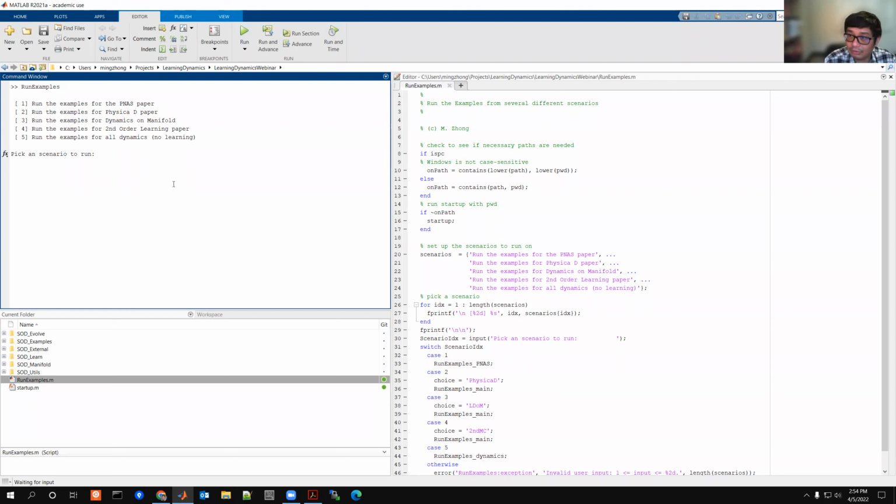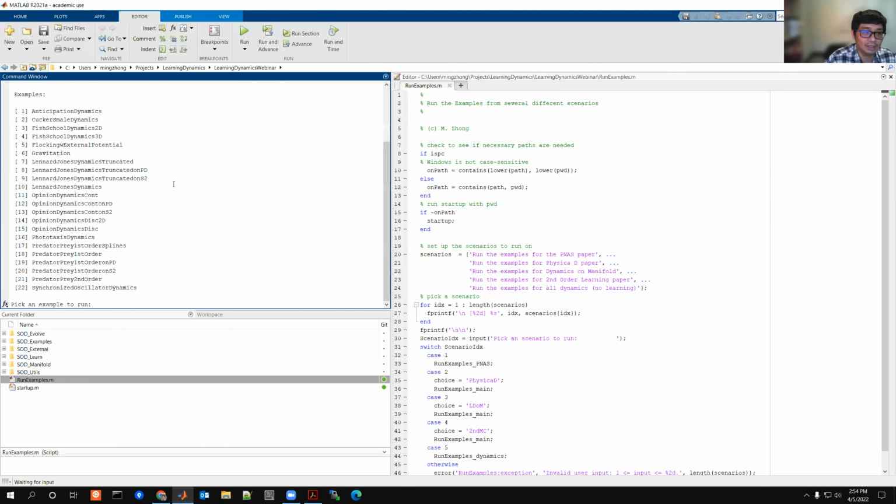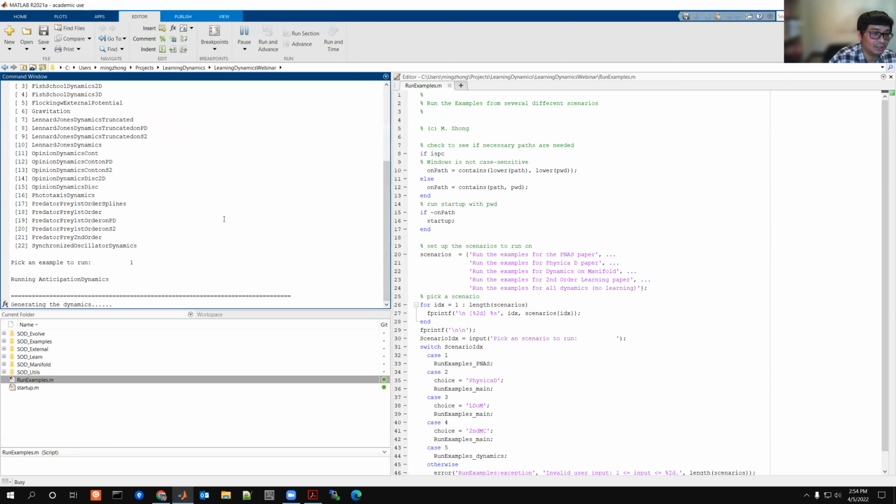And then if you just want to run the dynamics, you can just choose the last case. And then we already have all of these different examples built in. You can actually go in, actually, I will show you later. So let's pick something simpler to run, because the anticipation actually takes a long time. Well, actually, let me just run that. I think it's actually really fast.